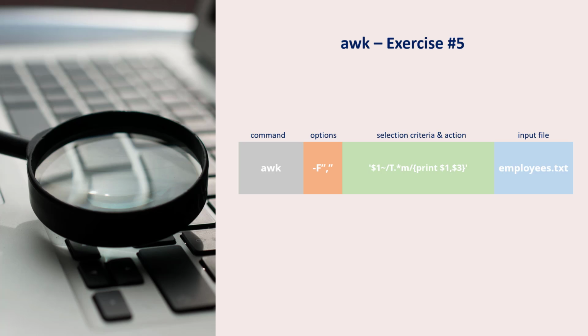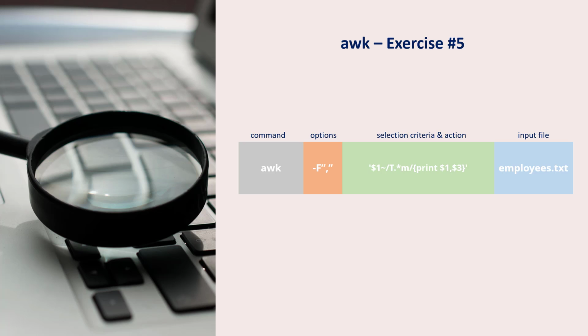Let's look at the selection criteria here. First change is that instead of double equals, we use the tilde symbol. This instructs awk that what follows next should be treated as a regular expression pattern and not do an exact string match. Next, we give the pattern.